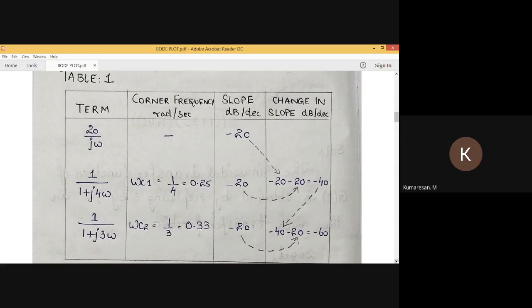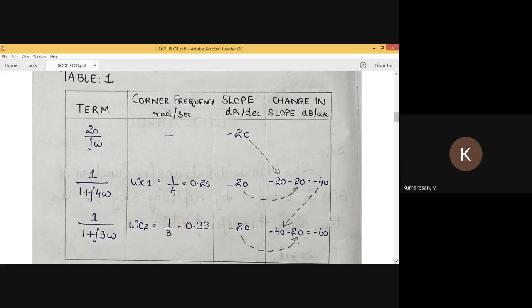The next term, 1 divided by 1 plus 4 j omega, is there. Here also the j omega is in the denominator, so we put minus 20. Previously it was minus 20, and the second term is also minus 20. Up to the first step there is no change. At the second term, where it starts, you have to compare the previous and present slopes.